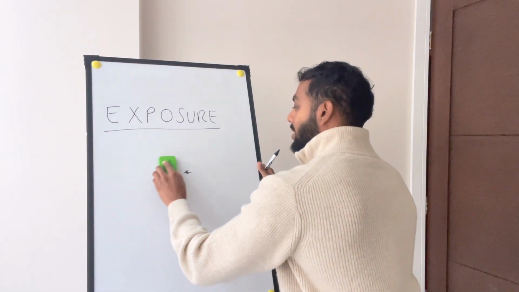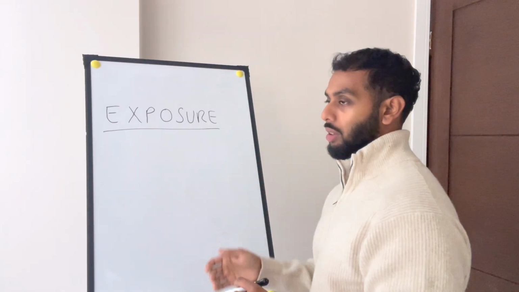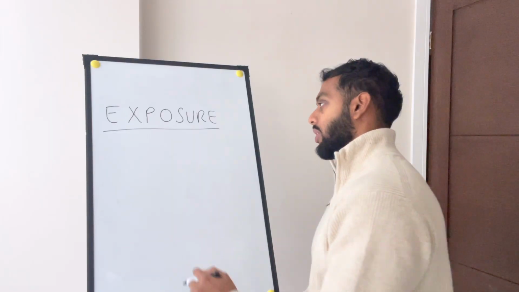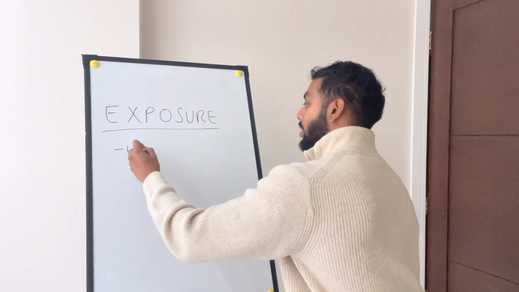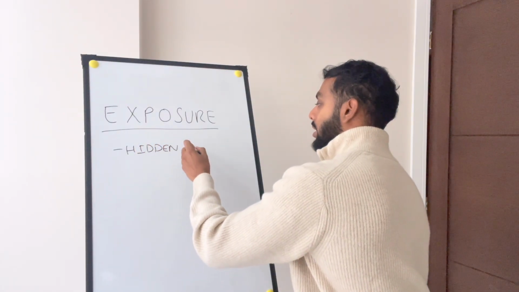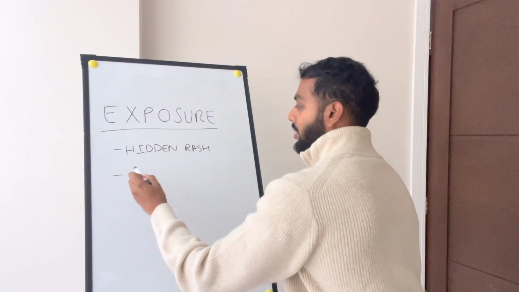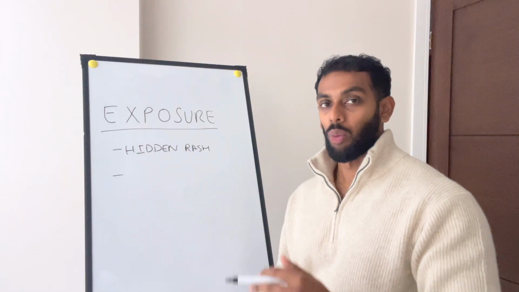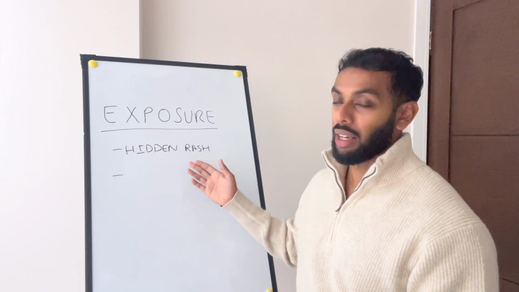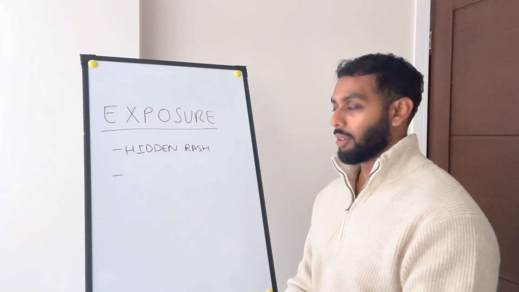So what are the things that we look for when we've fully exposed the patient, maintained their dignity and kept them warm? One of the things is any hidden rashes. Because remember, these are signs or symptoms that we could have missed when we were doing ABCDE, which can actually play an important role in coming up with the diagnosis for the patient at the end.